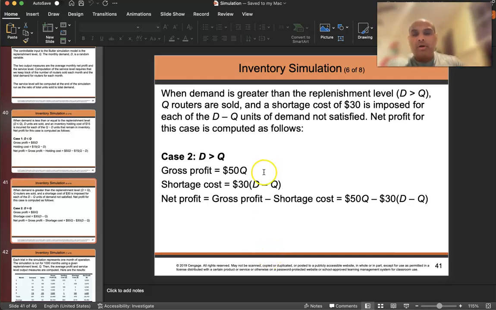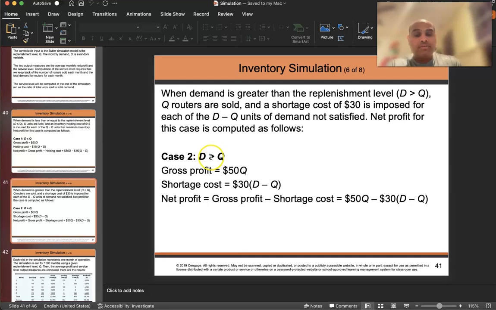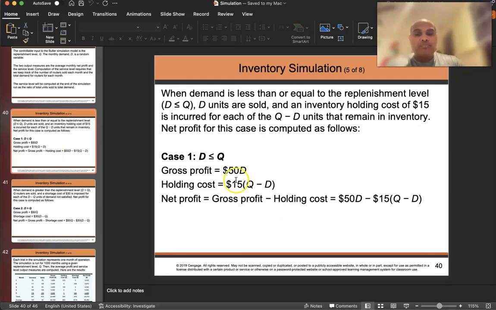Either of these scenarios can manage that, because if demand is exactly equal to Q, D and Q are equal. You'll notice that there is no equal to sign here. The equal to sign is here, which means that we are including the D equals Q case with the less than case. It doesn't matter. We could have done a strictly less than here and included this as greater than or equal to. In either case, it will work. Look at the net profit: it'll be 50 times D minus 15 times (Q minus D).